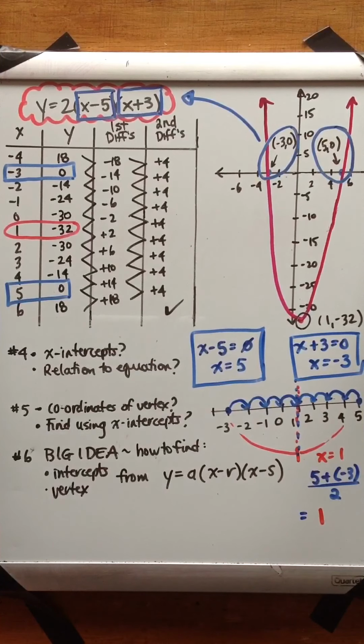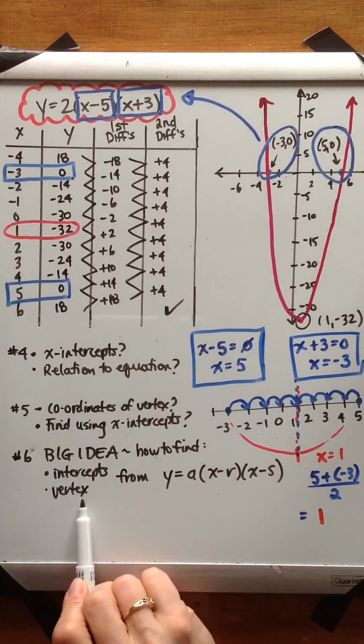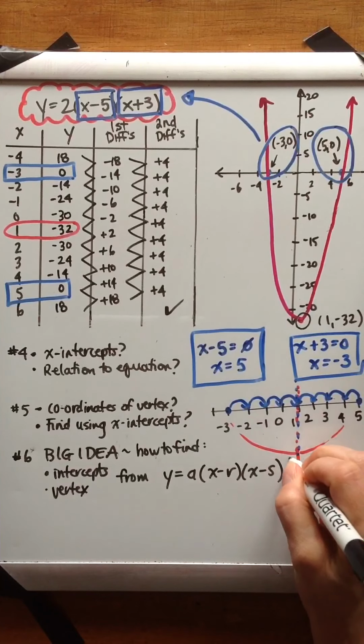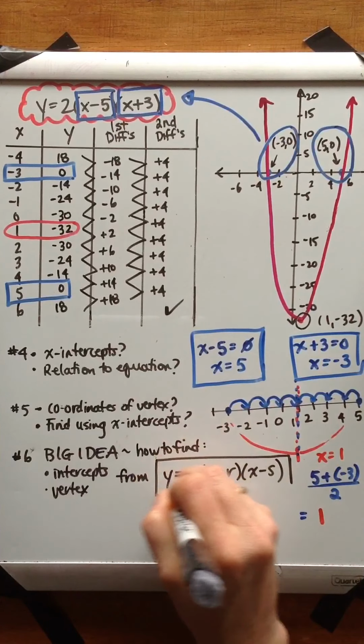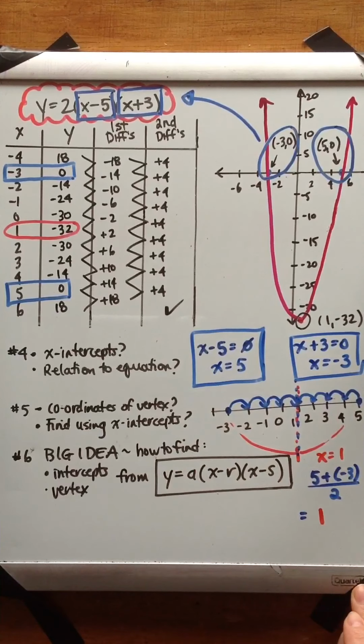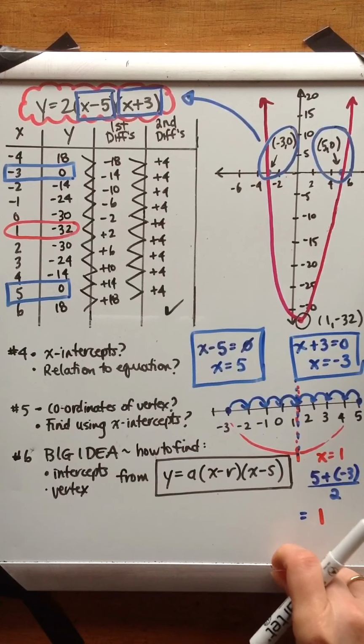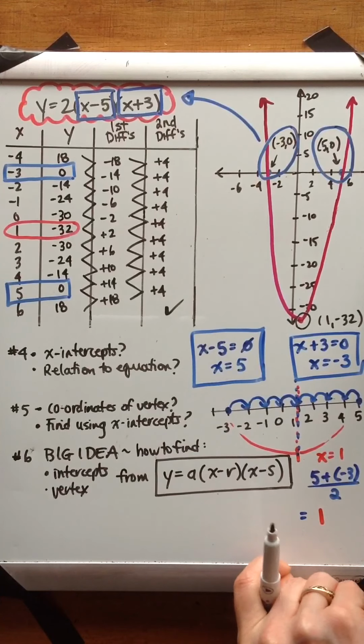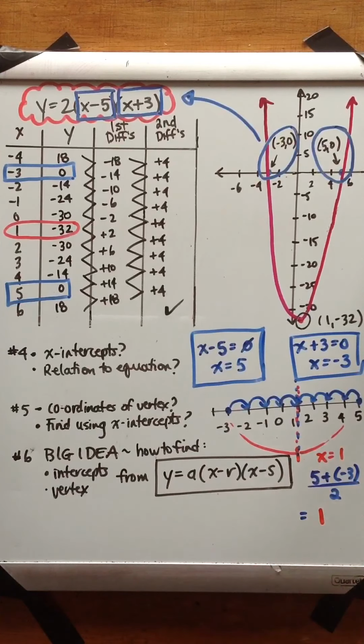Nice. So, big idea. How can we find the x-intercepts and the vertex when we see a quadratic in this form? Okay. Well, it's time to point out some key features of this form. It's called intercept form, or sometimes you'll see it as factored form because it looks an awful lot like some of the binomial multiplications and factoring that we did in the previous unit.